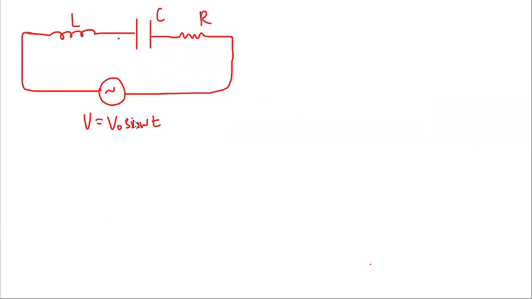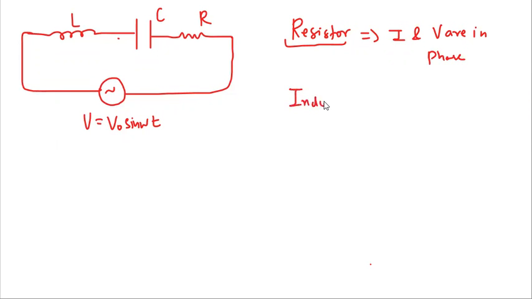Now we know one thing, that for a resistor, current and voltage are in phase with each other. For an inductor, voltage is ahead of current.